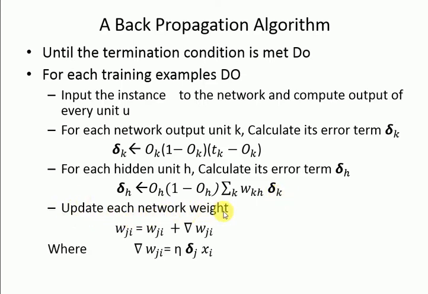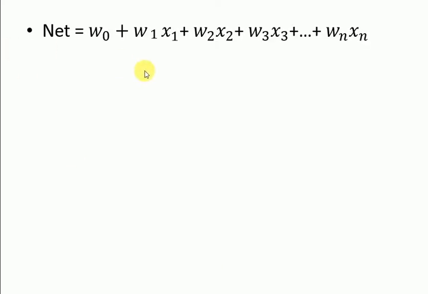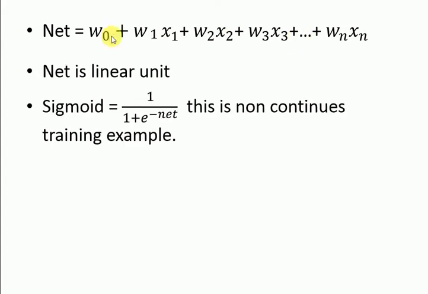Update each network weight, that is Wji equals Wji plus delta Wji, where delta Wji equals eta into delta j into Xji. So net is the sigma of all the values, that is the linear unit, and this is the input that is given, and then the sigmoid is calculated, 1 over 1 plus e power of minus net.